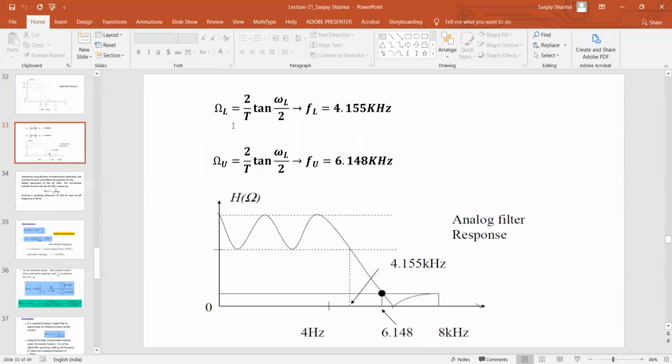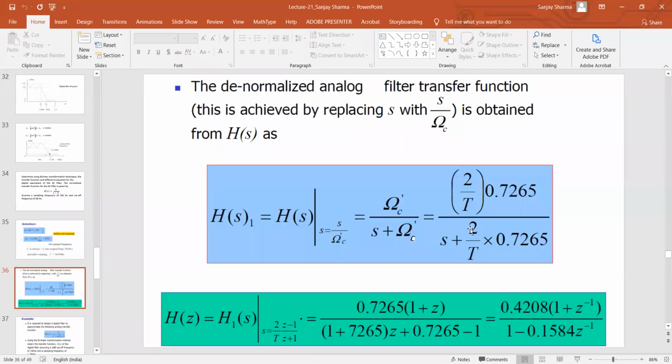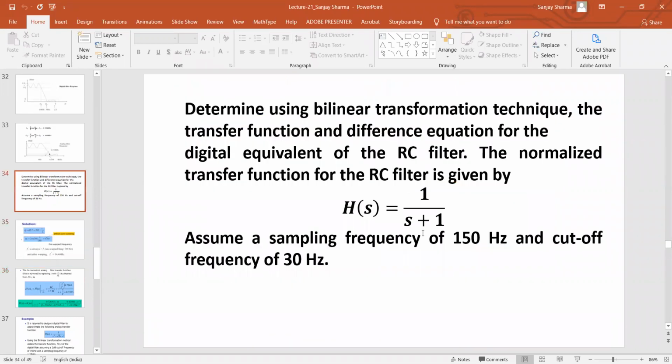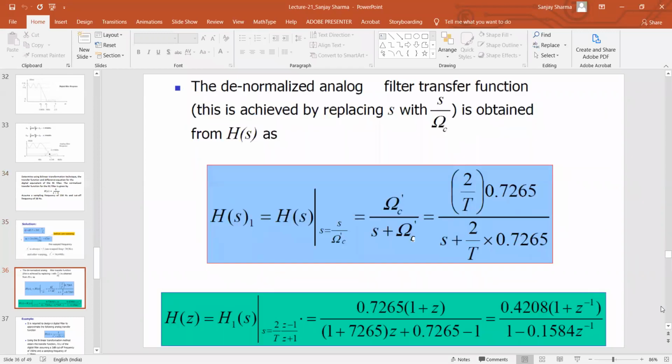I will denormalize the transfer function by replacing s with s by omega c dash. Why omega c dash? Because that's the compensated frequency.